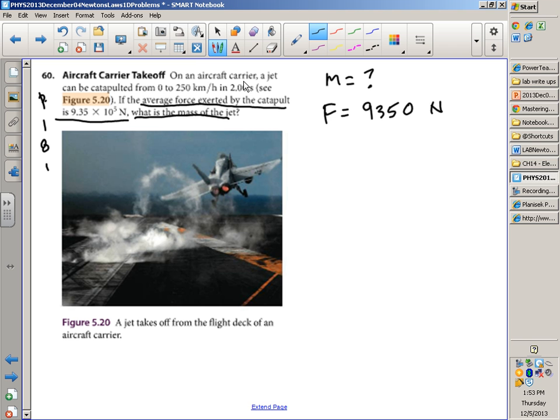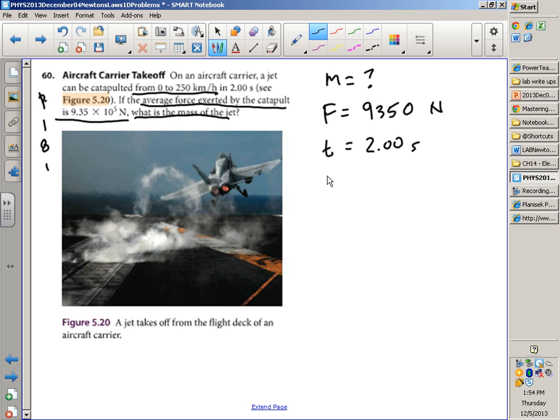It told us that this jet is catapulted over a time frame of 2 seconds, and that it goes from here to here. But if we look at the unit, kilometers per hour, that's a unit of distance over a unit of time. What kind of measurements are these? Those aren't accelerations. They are velocities, right? Distance over time is a velocity.